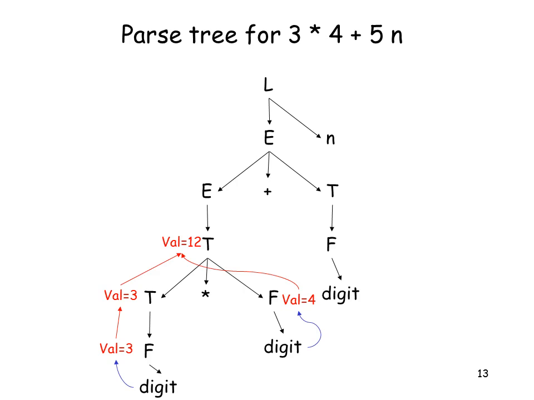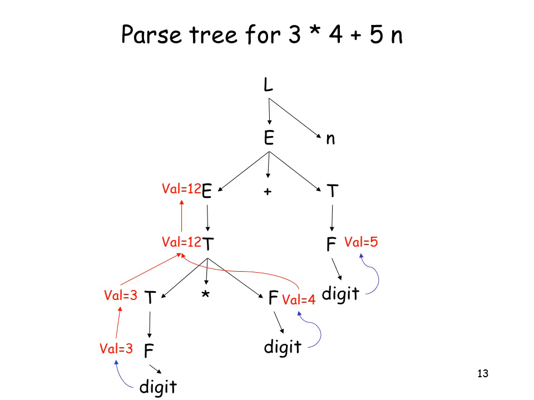It has now reached the root of that subtree, but the rule is T star F. So it will be evaluating the rule corresponding to that. That means the attributes of the children nodes will be multiplied and the result will be stored in the root node. Then moving upwards, it will evaluate E gives T and its value will be copied based on the rule.